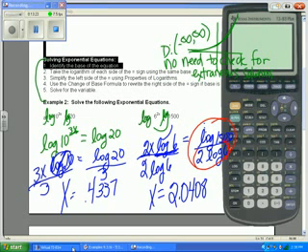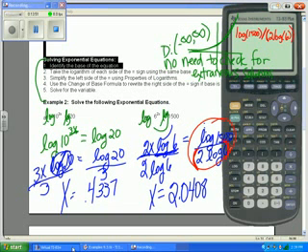You have to put parentheses around this bottom, this denominator, when you put this in your calculator. So when you type this in, you're going to get log 1500, close the parentheses, divided by, open a parentheses and put 2 log 6, and then close the other set of parentheses.